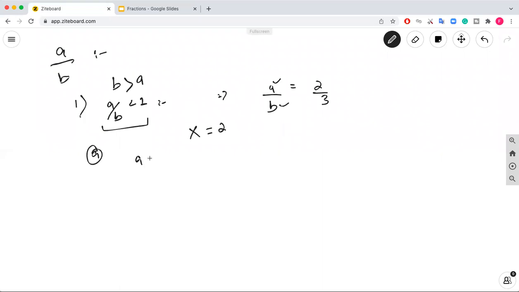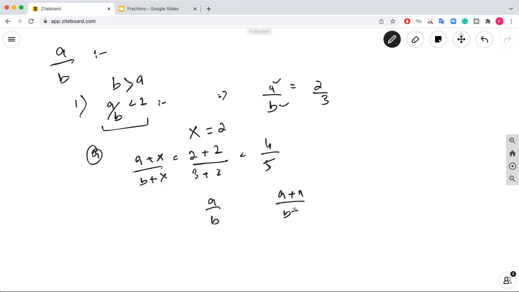So a plus x over b plus x is equal to 2 plus 2 divided by 3 plus 2, which is equal to 4 by 5, right? Now tell whether a over b is greater or a plus x over b plus x is greater. Which quantity is greater?